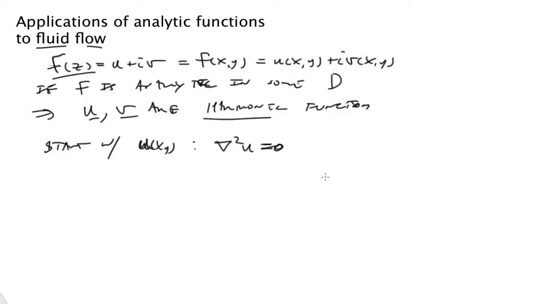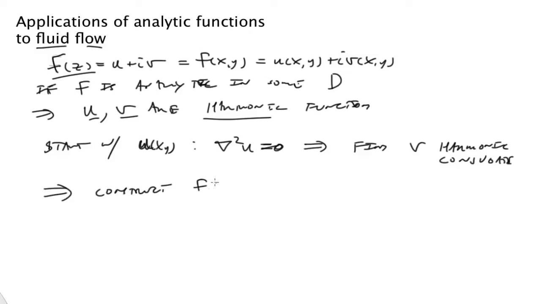Okay, so if we start there, we know we can find v, which is the harmonic conjugate. And then from there we can construct f of z, which is analytic, which is going to be u plus iv. So here the information flows the other way.